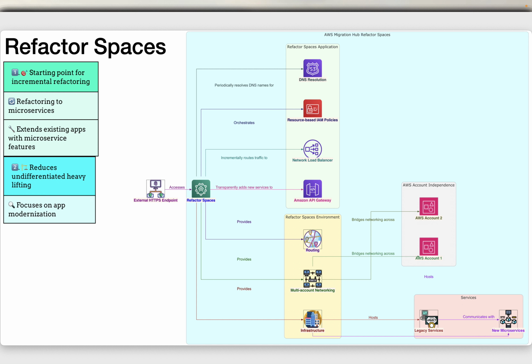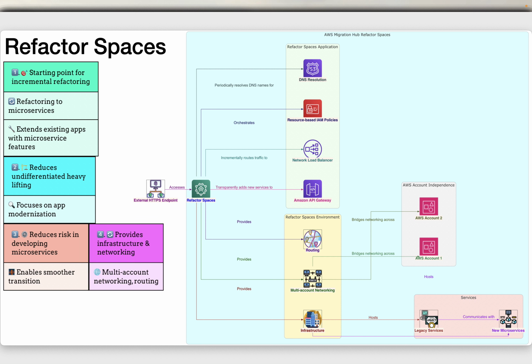Refactor spaces helps reduce the complex tasks associated with building and operating AWS infrastructure for incremental refactoring, which allows you to focus on modernizing your applications. Using refactor spaces minimizes risks when converting applications to microservices or adding new features.